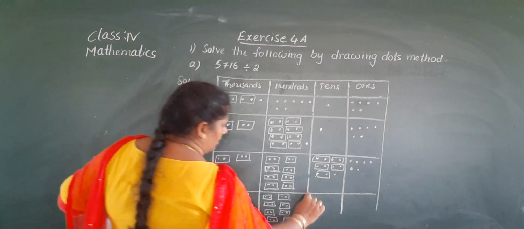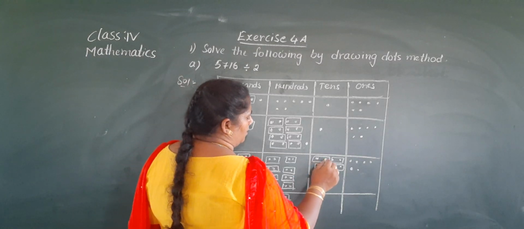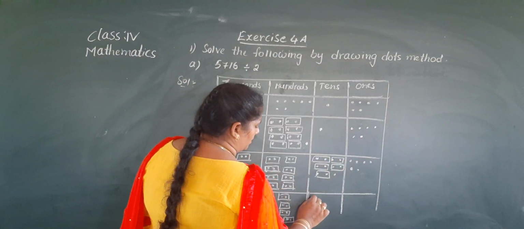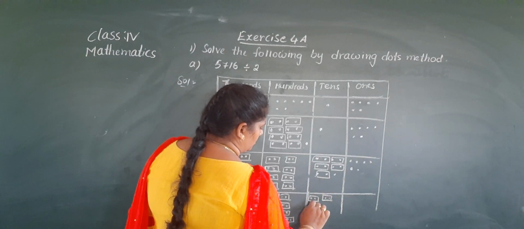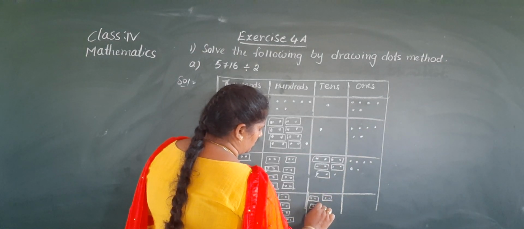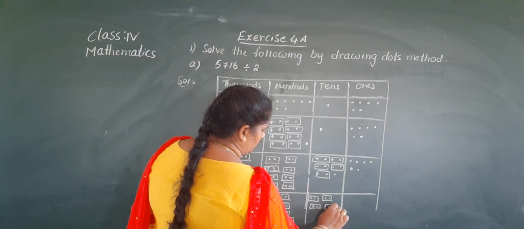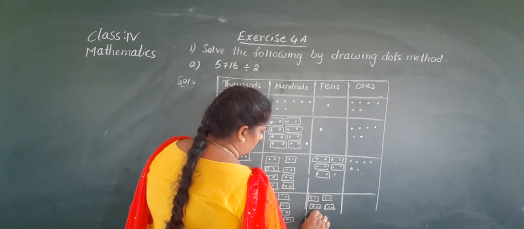Okay, ma? Now here how many groups formed? 1, 2, 3, 4, 5 groups. Come on, keep 5 groups. 1 group, 2 groups, 3 groups, 4 groups, 5 groups.